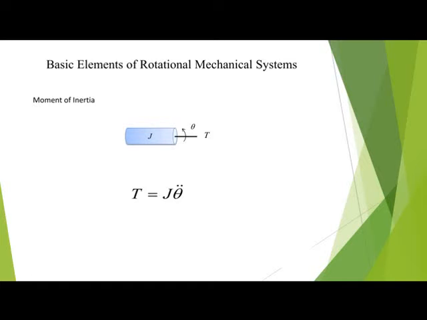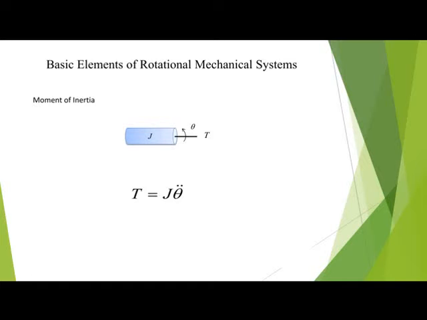The first one is the moment of inertia, shown with a symbol, that is J, and this is the direction of torque or angular displacement of the element. Below, the torque equation is given.